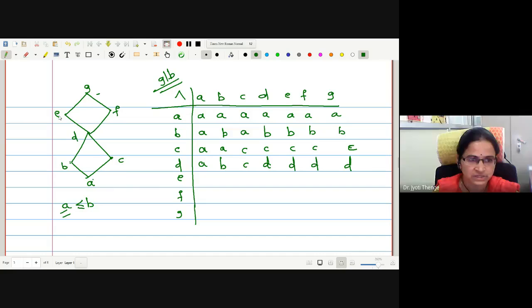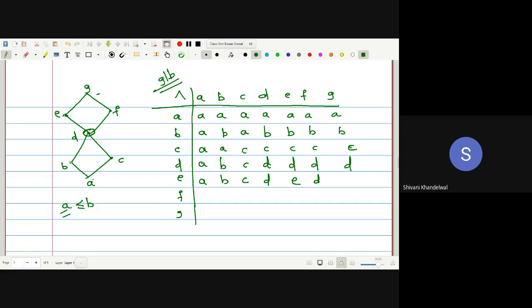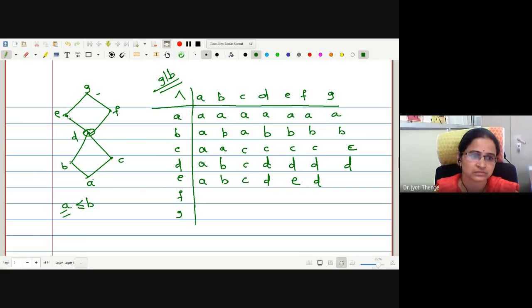Next, E and A, A. E and B, B. E and C, C. E and D, D. E and E, E. E and F. Now think, E and F. Common predecessor exists, which is D. Right. E and G, E. Good.